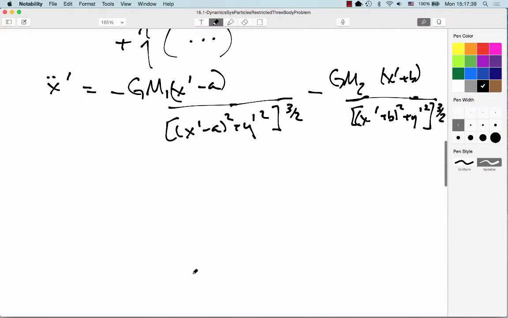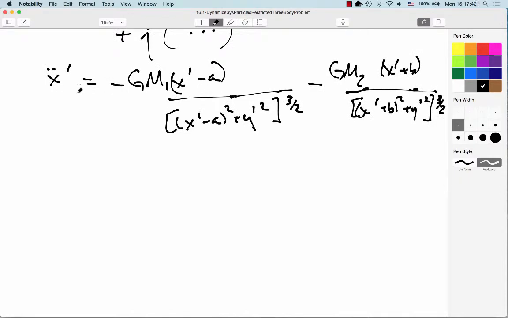So now that gives us the x component of the acceleration: this bit from the physical forces, and then we have to add in from the fictitious forces a plus omega squared x prime plus 2 omega y dot prime.